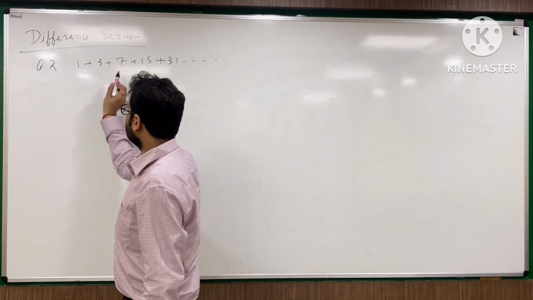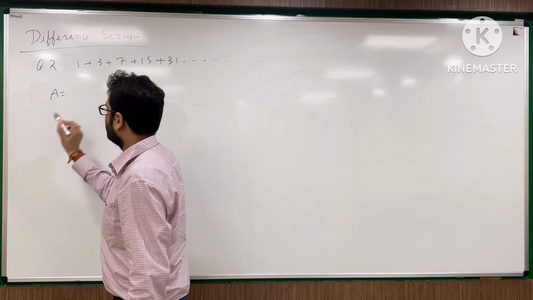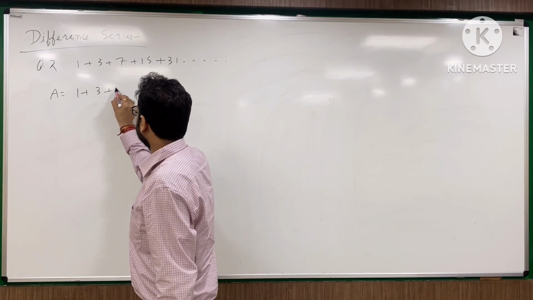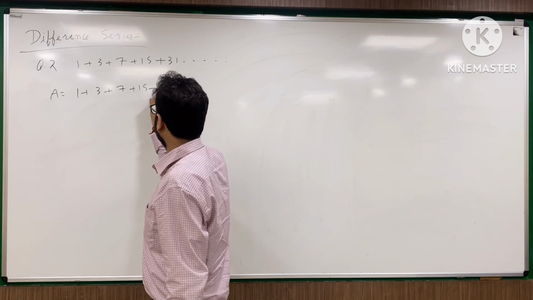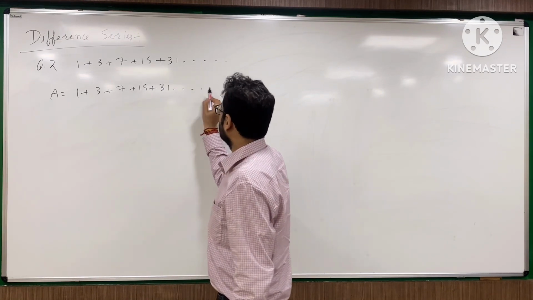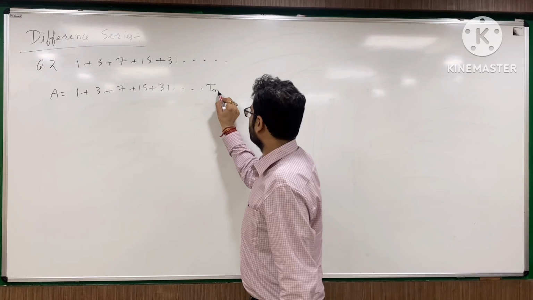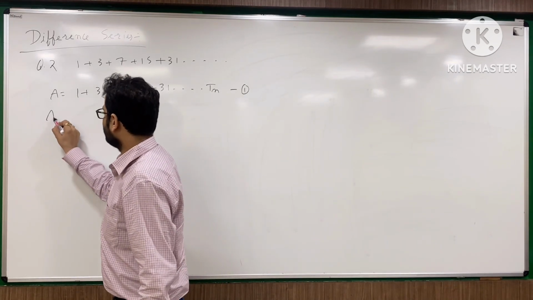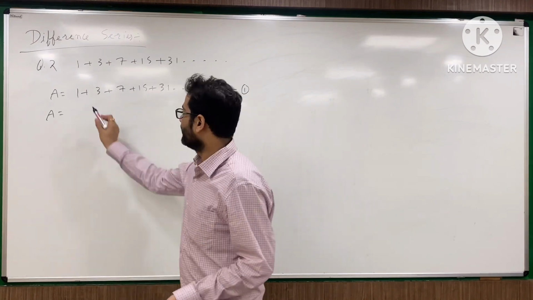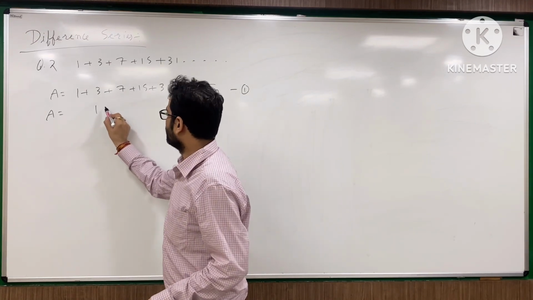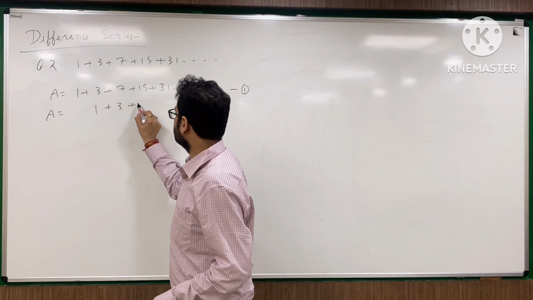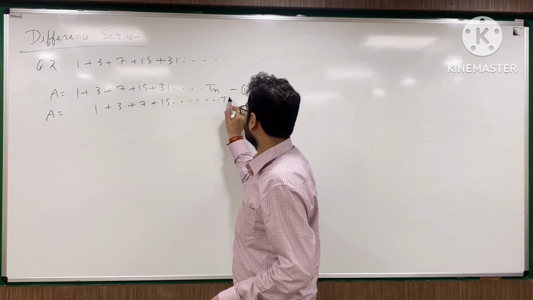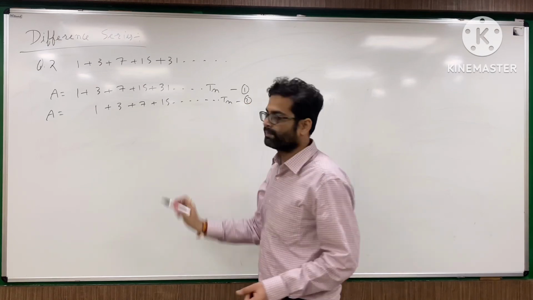Suppose the sum of these terms is capital A. Then A equal to 1 plus 3 plus 7 plus 15 plus 31 and in the end term Tn. Then we write the equation and shift by one term. 1 plus 3 plus 7 plus 15 and so on, with the end term shifted.